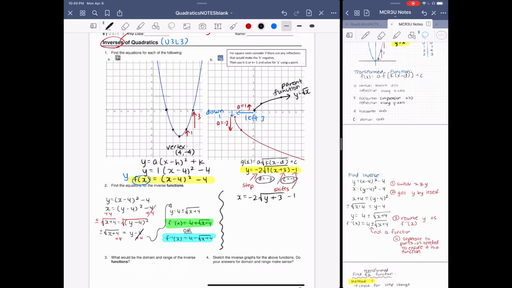I want to get y by itself, so I'm going to add 1 to both sides. So x plus 1 equals -2 square root of (y plus 3). I want to get my y by itself, so I'm going to do division by -2 on both sides.